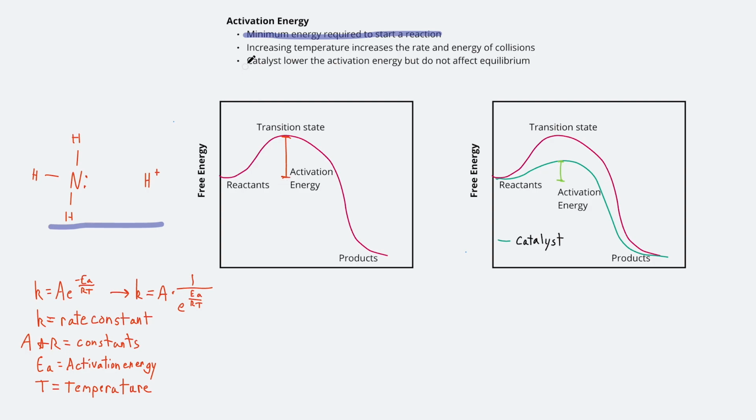That helps to understand this idea that increasing the temperature increases the rate of reaction because it increases the number of collisions where the molecules have enough energy to overcome the activation energy barrier. And the other thing it helps to explain is how catalysts lower the activation energy.